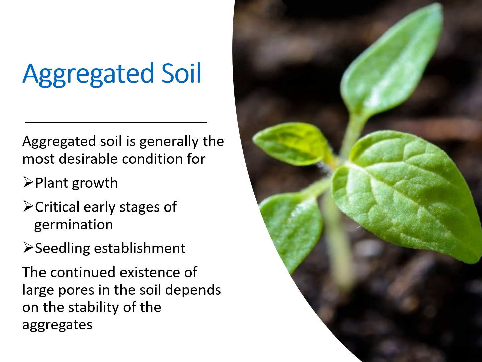We don't need structureless soil, whether massive or single grain. And secondly, we need stable aggregation, because if the aggregates are not stable, at any stage of plant production they can affect the plant.